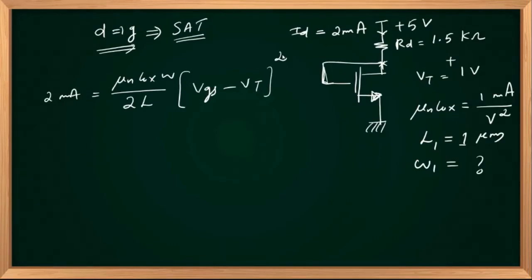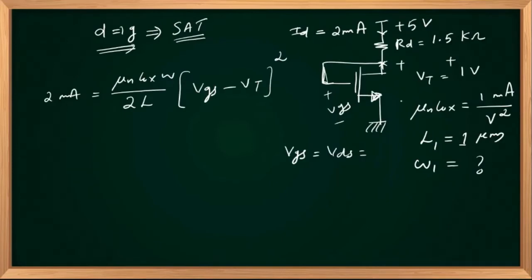So don't worry about VGS. VGS is same as which voltage? VDS, right? Because gate and drain are shorted together. VDS equal to VGS. How much is it?